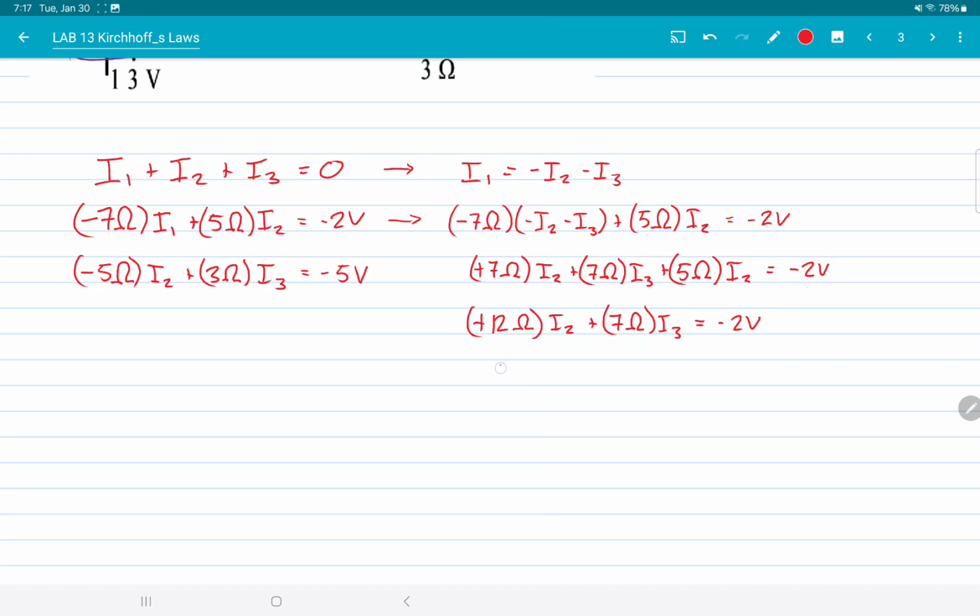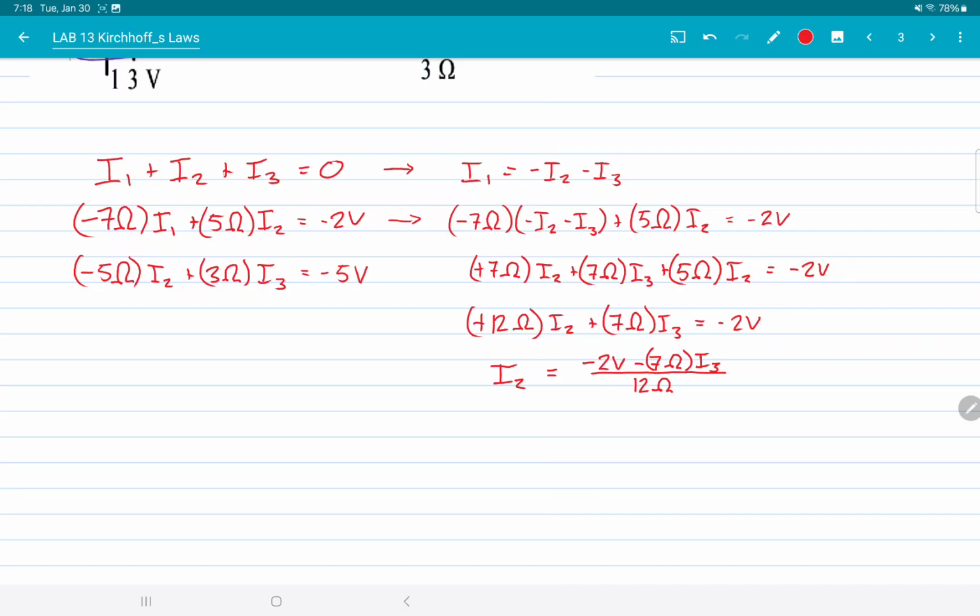So solving for I2, that would be minus 2 volts minus 7 ohms I3, all divided by 12 ohms. Well, now I could plug that in for my I2 here, and then have an equation that's only in terms of I3.